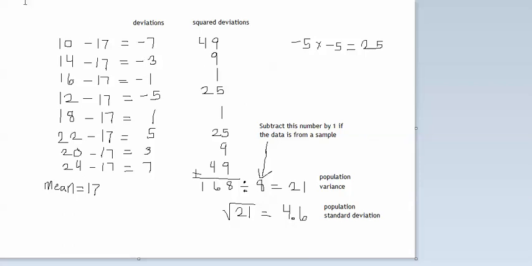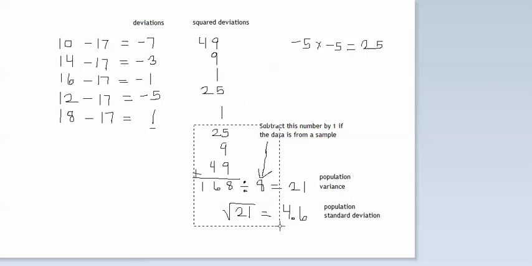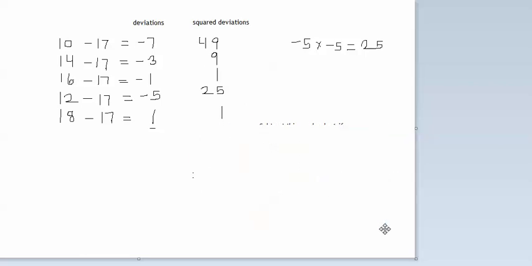Now let's take the sample of 5 out of the 8 people. I'm going to erase these people right here. Since we only have 5 people now and not the whole population, our mean has changed.